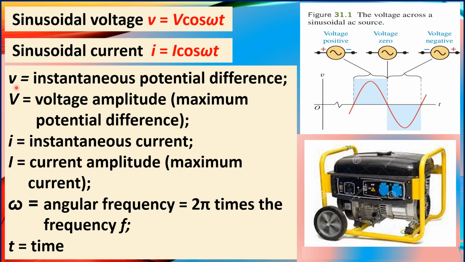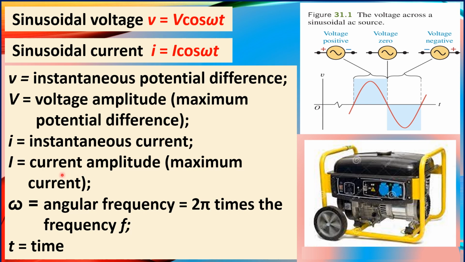Small letter v stands for the instantaneous potential difference at any given time t. Capital V refers to the voltage amplitude or the maximum potential difference. Small letter i is the instantaneous current, which is changing. So if you want to find the instantaneous current at any given time, that is the formula to use.